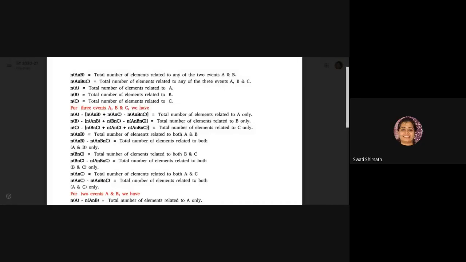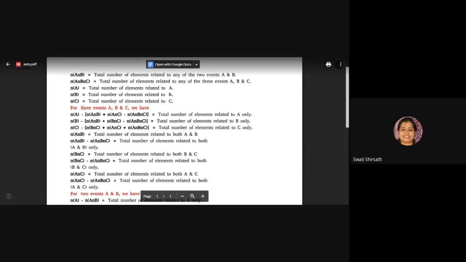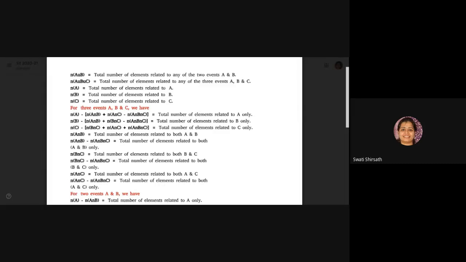So when we want to calculate the value of only A using the formula, this is how we have to do it. n of A minus n of A intersection B minus n of A intersection C plus n of A intersection B intersection C. Here A intersection B and A intersection C are subtracted, and the triple intersection is added.